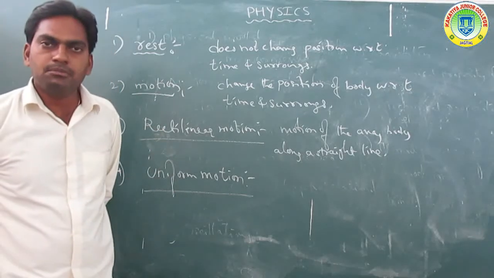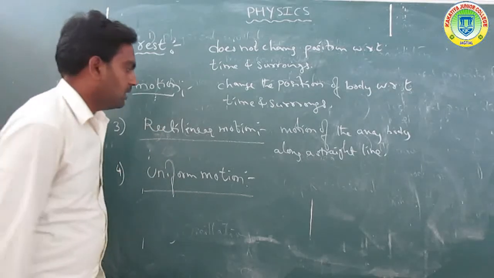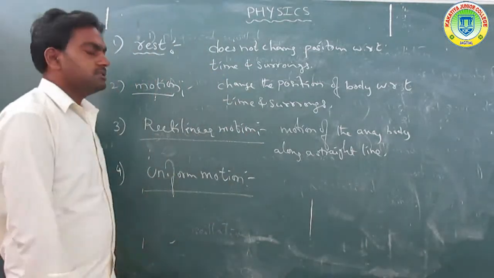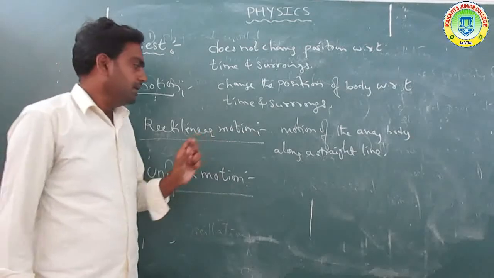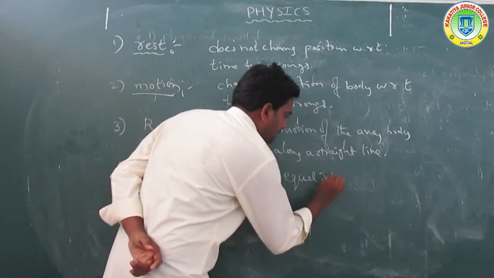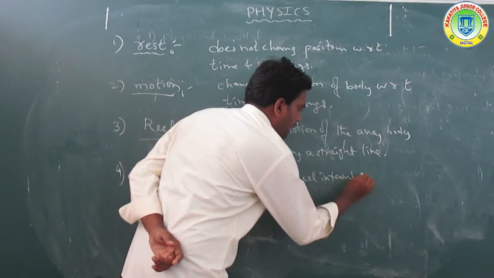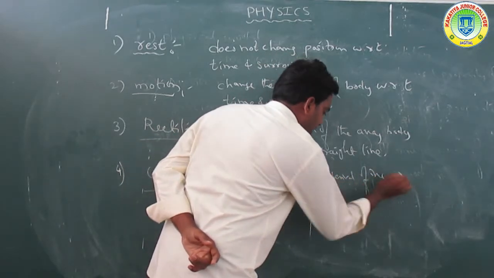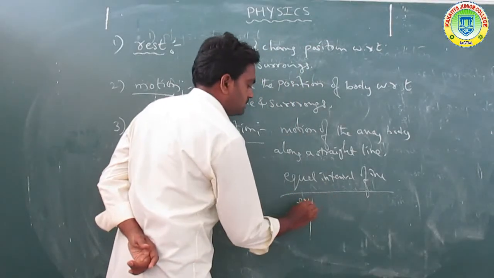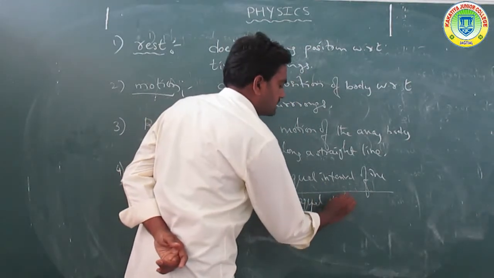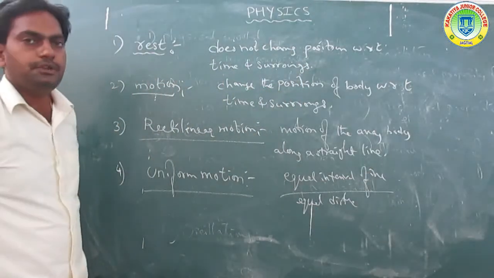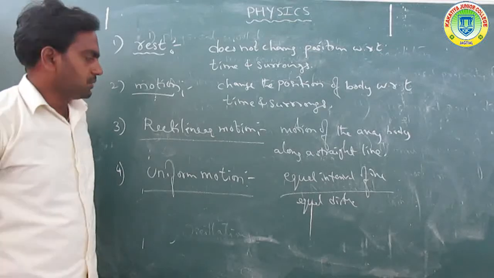So what is uniform motion? Uniform motion is nothing but equal distance in equal intervals of time, or equal displacement in equal intervals of time.